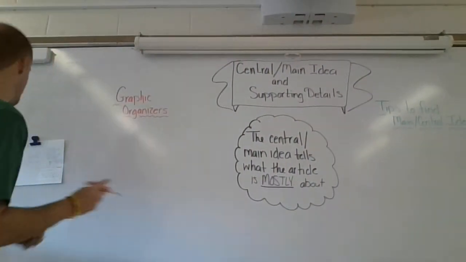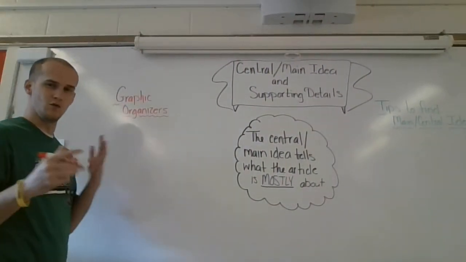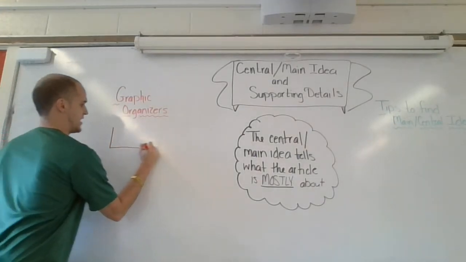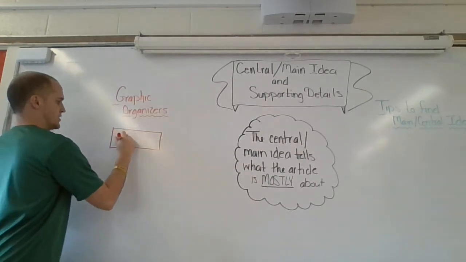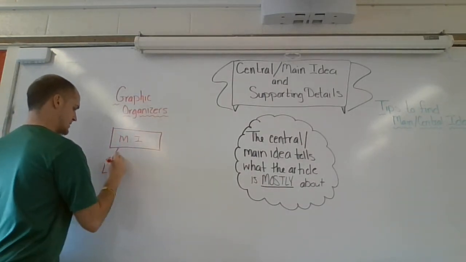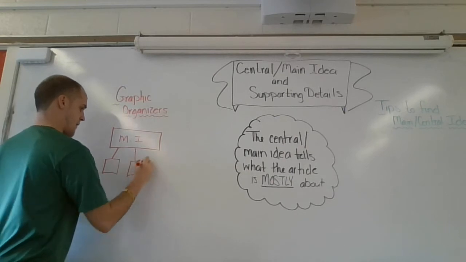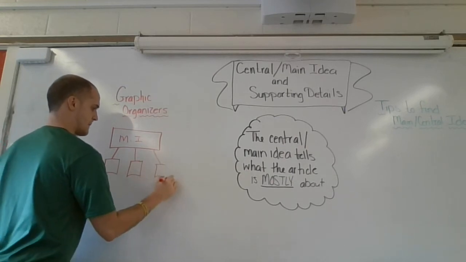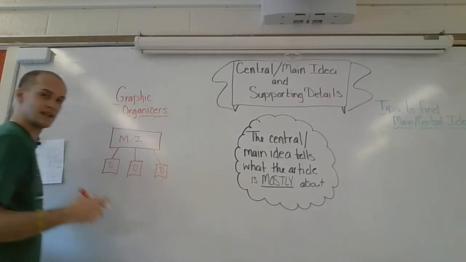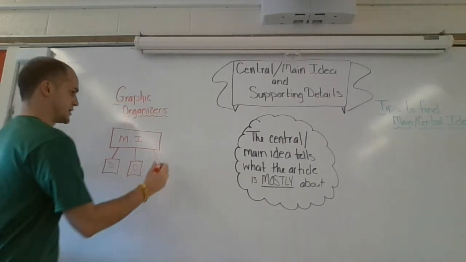The first one is one that we use with theme. Rectangle at the top. Put your main idea here. Then you've got the three boxes. Those are all your supporting details. So that's one graphic organizer you can use.